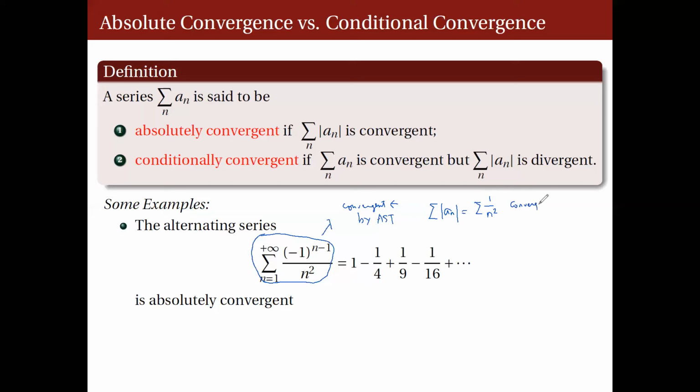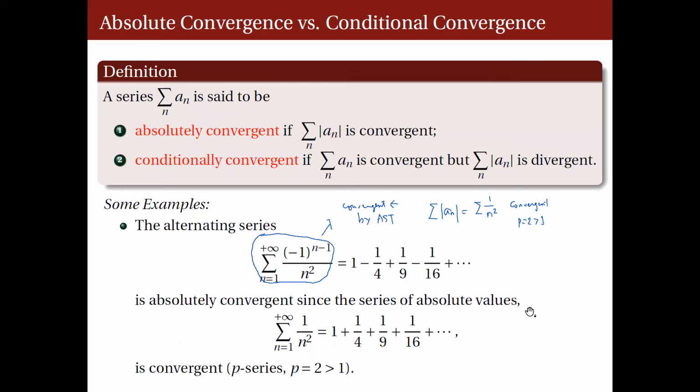Bakit? Kasi ito ay p-series with p equal to 2 and yun ay greater than 1. So dahil convergent yung series of absolute values, ang type of convergence ng ating original na series ay absolute. Katulad ng sabi dito. Okay. Sige, next.